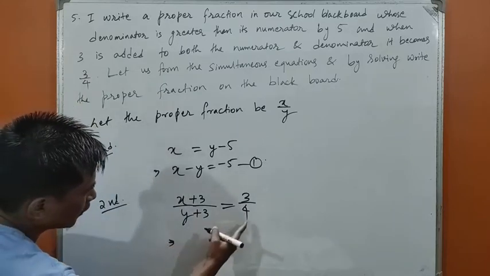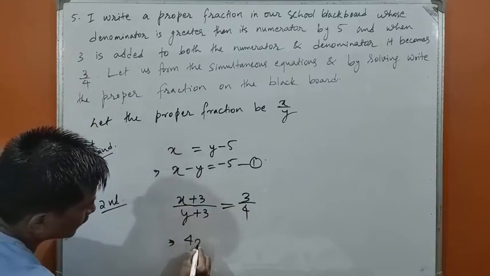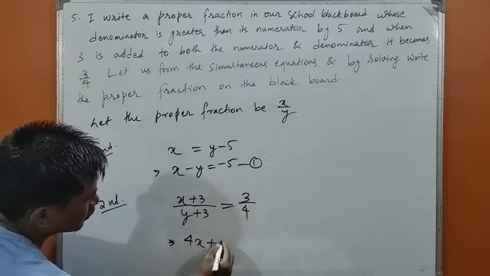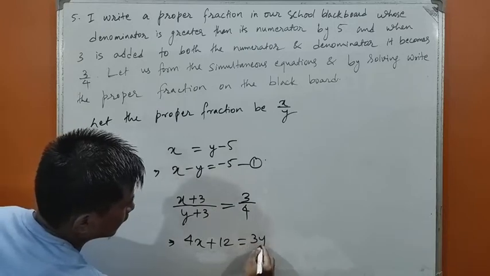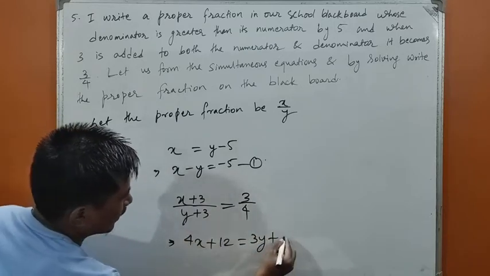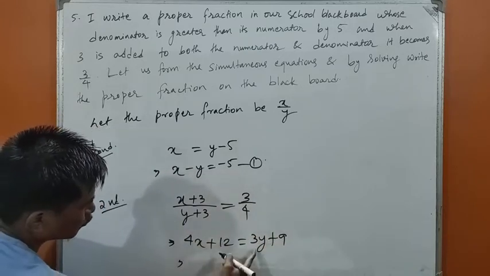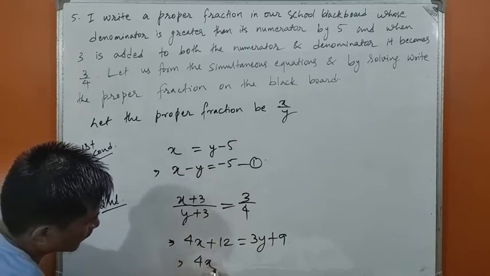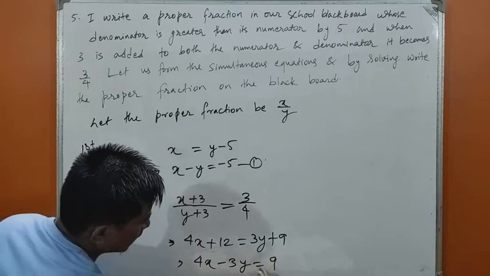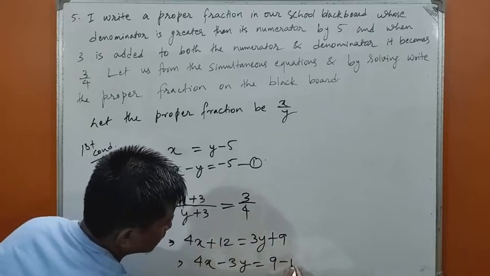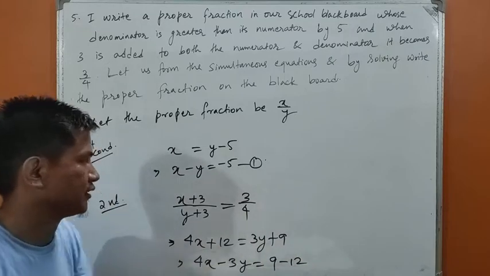Let us cross multiply. 4 into x is 4x, isn't it? Plus 4 3s are 12 equals 3 into y is 3y plus 3 3s are 9. Let us bring this y to the left hand side. 4x minus 3y equals 9 minus 12 when we take 12 to the right hand side, isn't it?